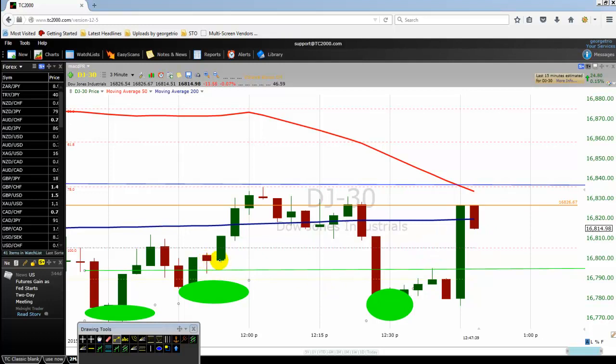But looking at the candlestick bar here, it's better to place it below this candlestick bar. So I'll put it at 96.